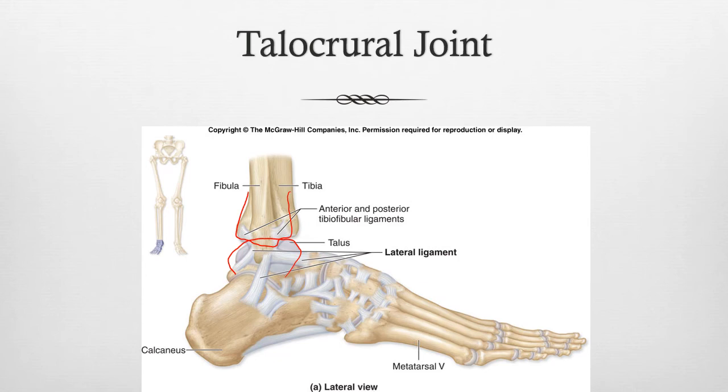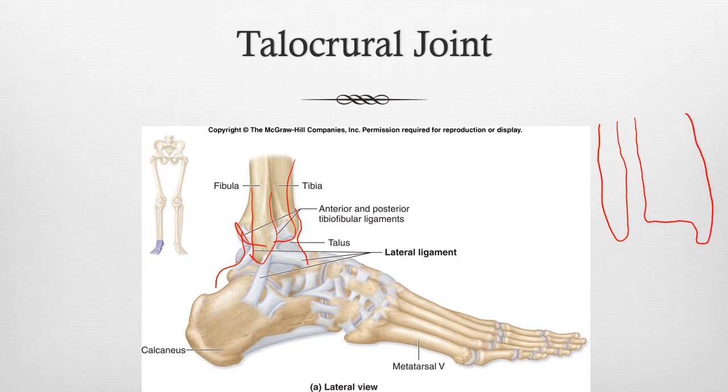But the ankle bones themselves continue on throughout all of this region in here, including the fibula and the tibia, and then the talus down below. And if we were to look at it from the front, we have the fibula there, and then the tibia comes down like so, and then the talus comes up like this.